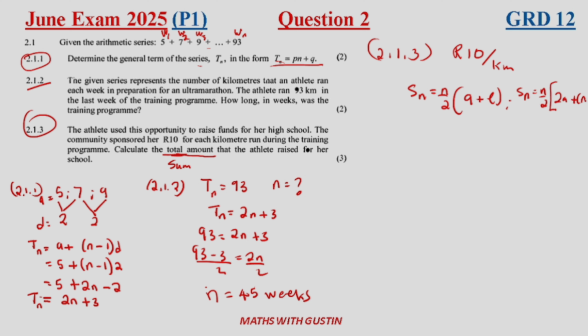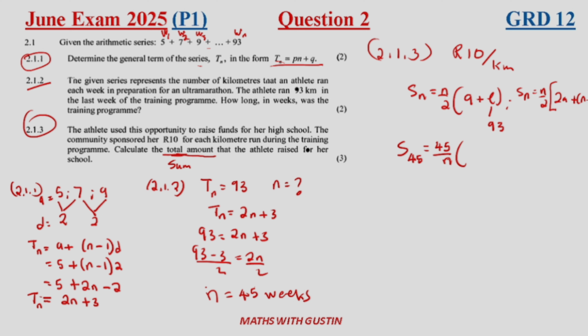Not sure if I'm quoting it correctly, but please let me know in the comment section below. You can use either way. Because we know the last term is 93, we can simply use this one. We also know she took 45 weeks in the training program, so this is going to be 45, our number of terms.